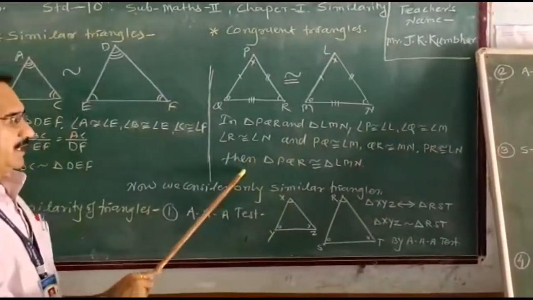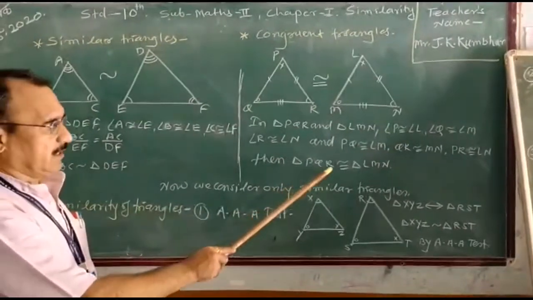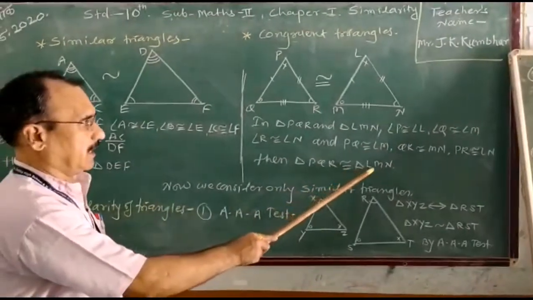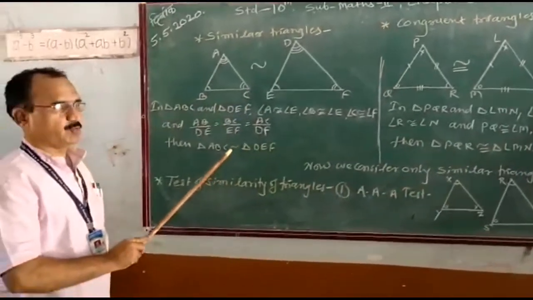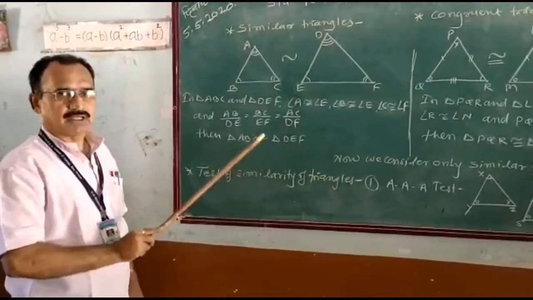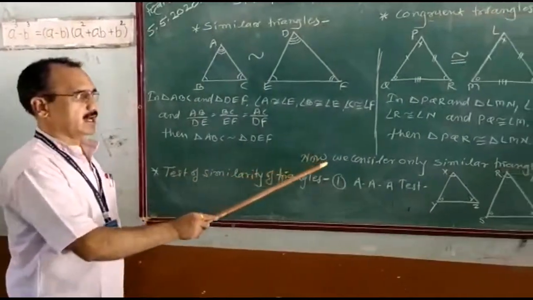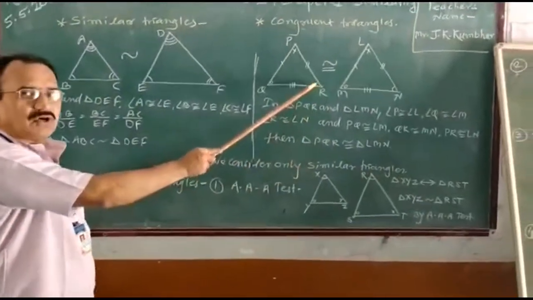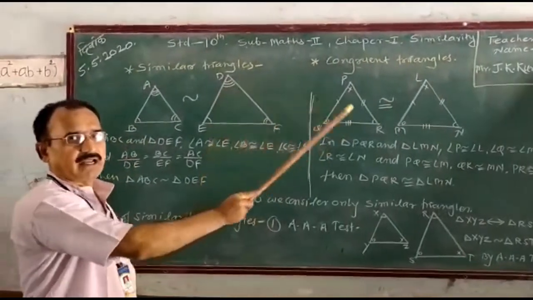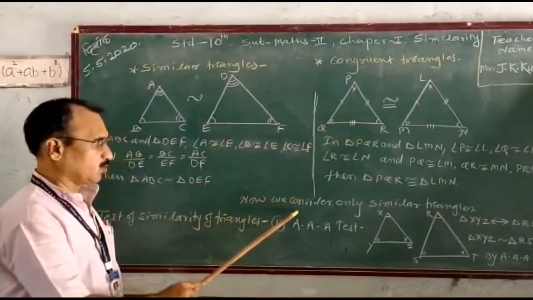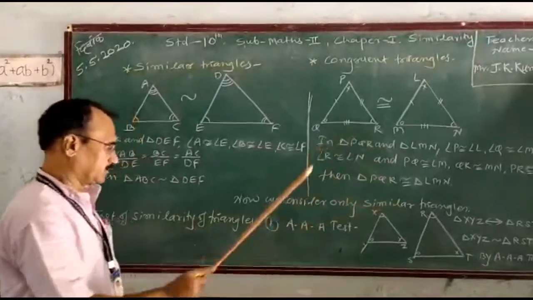Then and then only triangle PQR is congruent to triangle LMN. This is the sign of congruent triangles and this is the sign of similar triangles. But in this lesson we consider only similar triangles, not congruent triangles.